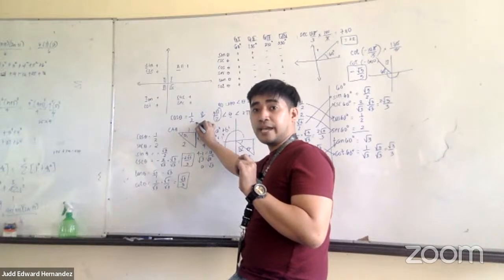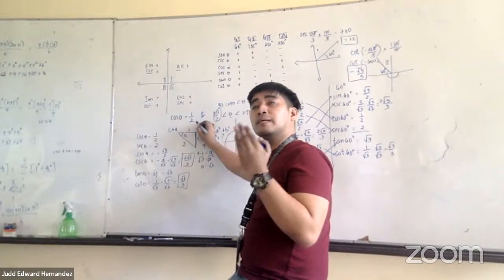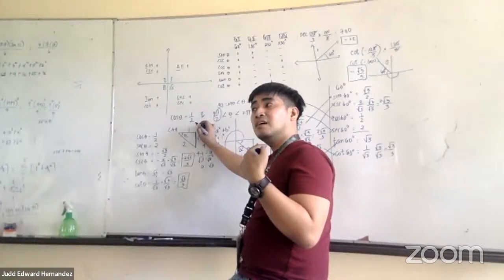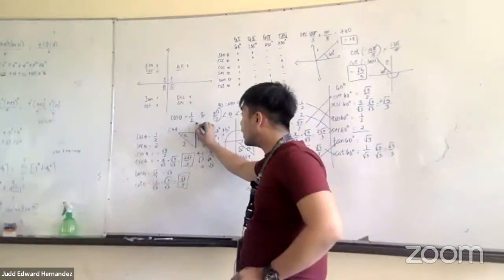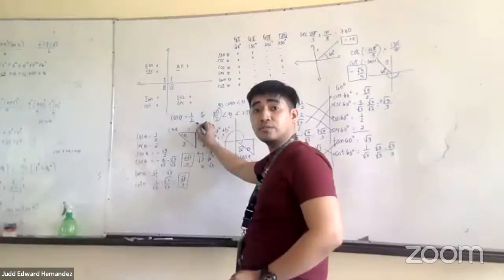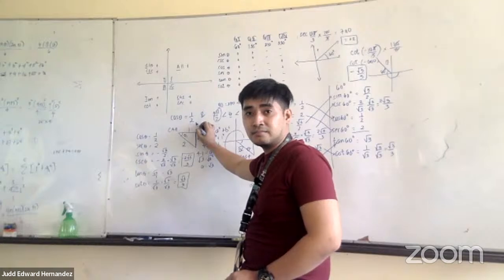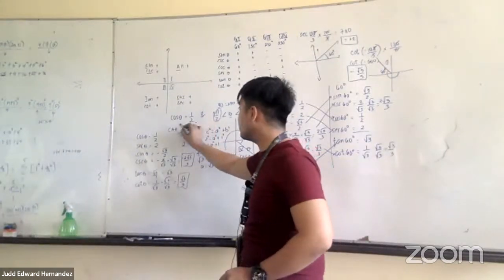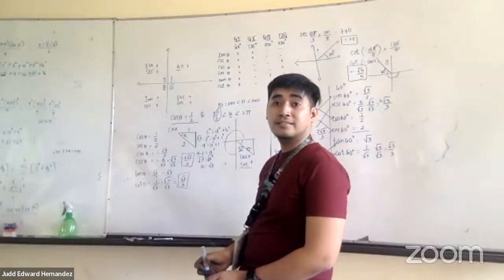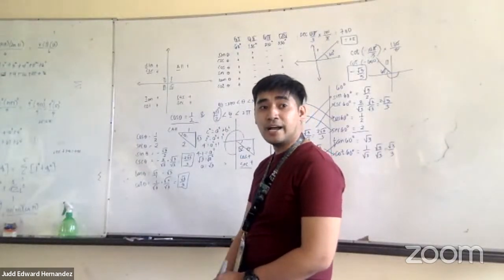If you are given cosine, kahit na wala dapat na ibang condition, ano dapat yung makukuha mo na agad? Sino dapat yung una mo makukuha if you are given cosine? Una mo dapat makukuha ay secant.